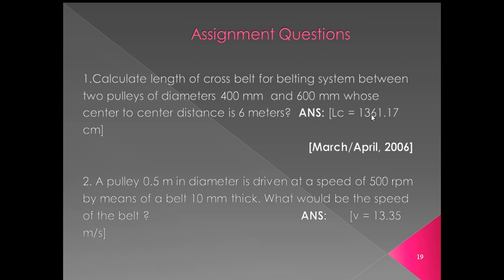To find the speed of the belt, V equals pi dN by 60. Here the thickness of the belt is also mentioned, so we need to add the thickness of the belt also. So 0.5 plus 0.01, that is 0.51, will be the effective diameter D, and the speed is 500. From this you can find the velocity, pi dN by 60.